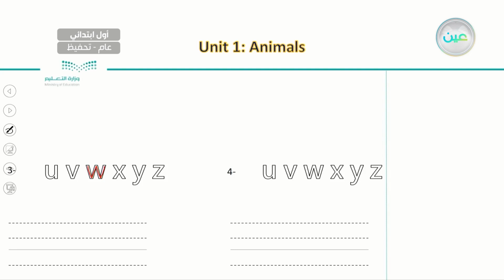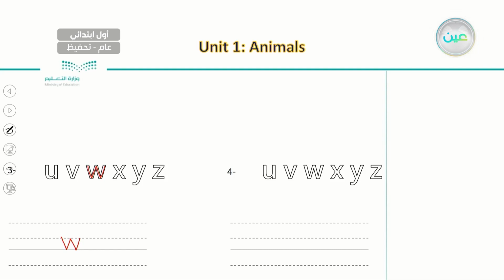And then we go back here on the line and write it as well. So here you go, here we write down the letter W, as you can see here. This is how we write letter W on the line.